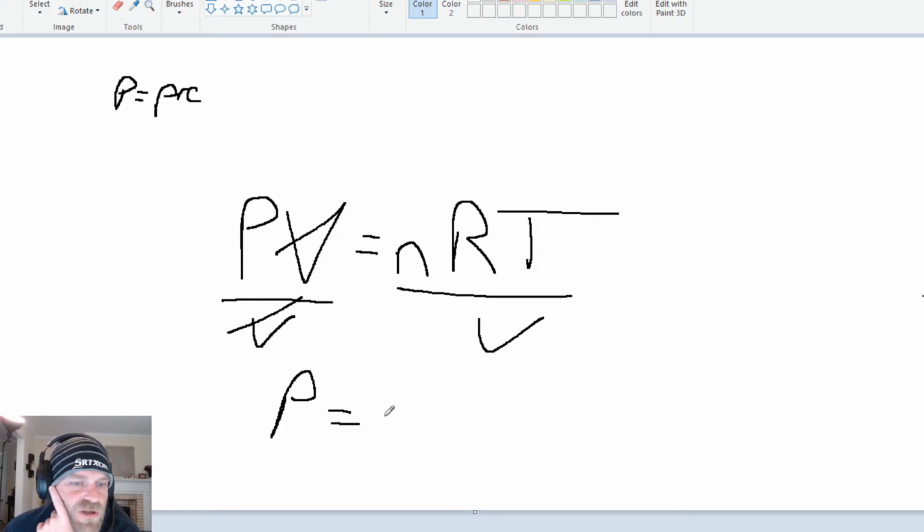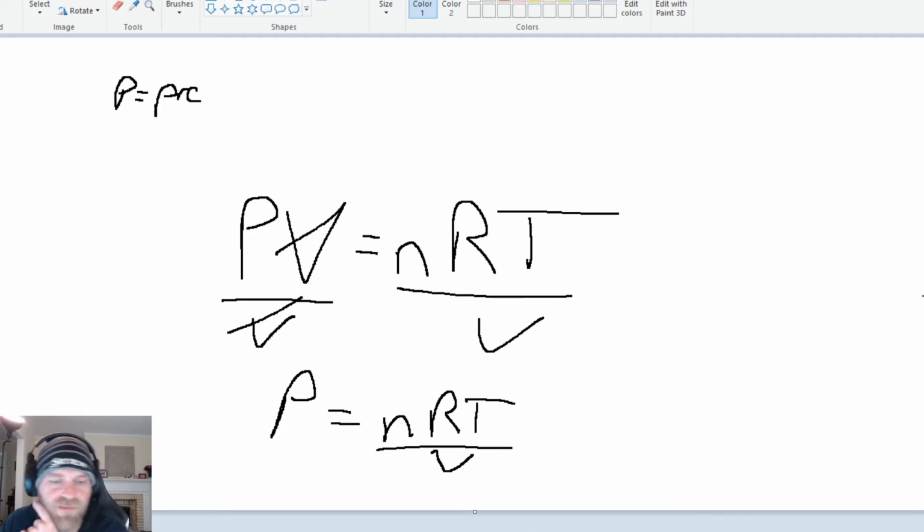Pressure equals nRT over V. Okay, so now that I have my pressure isolated, I can look at this ideal gas law and tell what my relationship is with any other thing. In a sense, the ideal gas law is derived from all of those other laws. And as such, I can go backwards and derive any of those laws from this gas law.